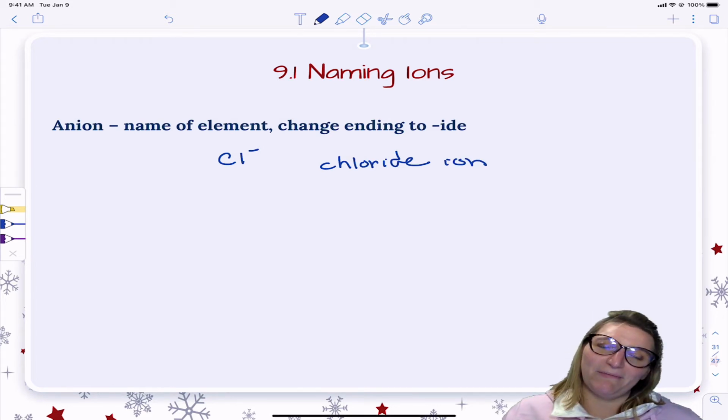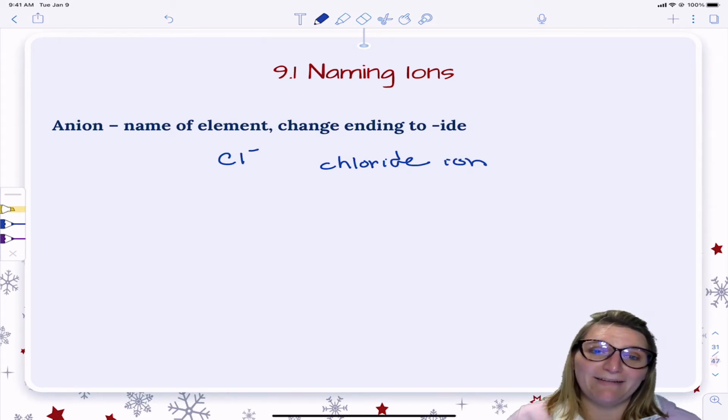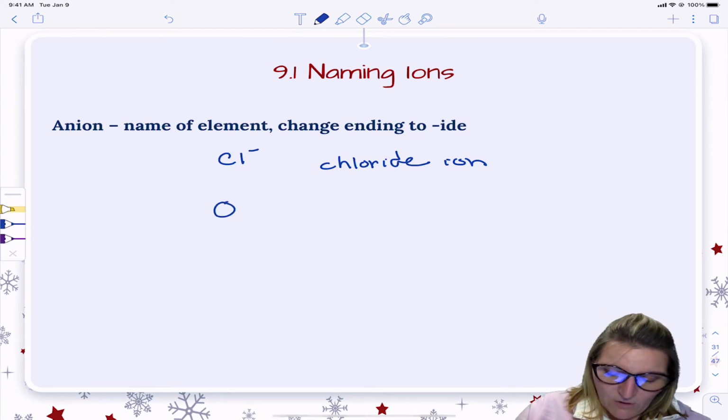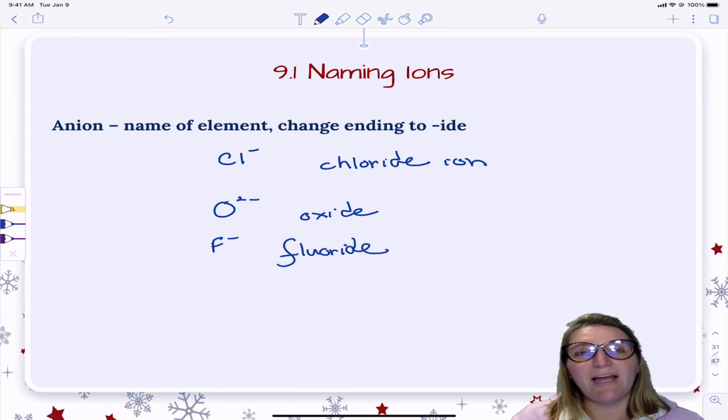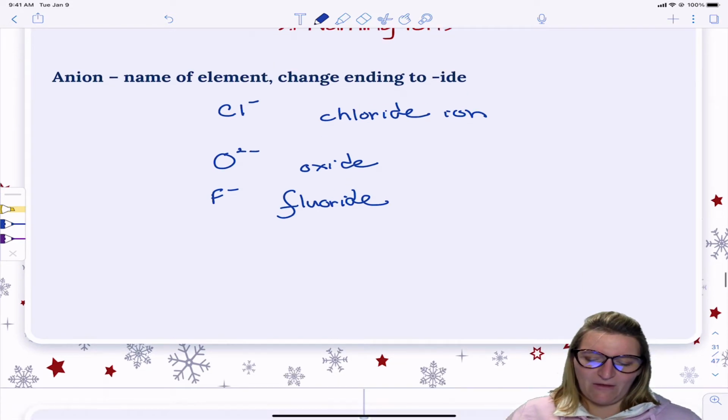And you know this already because you know we call it sodium chloride, right? So anytime O2-, that's oxide. F-, that's fluoride, right? Phosphide, nitride, bromide, iodide, sulfide. Those are really the only ones that we will use.